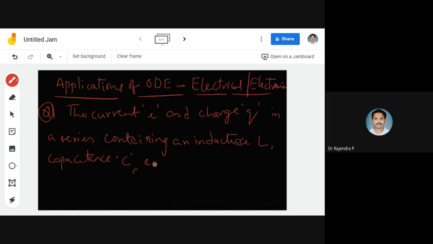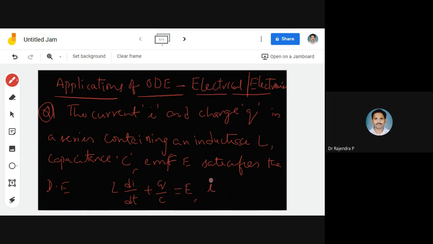I will write the differential equation here: L di by dt plus Q by C is equal to E. This is the given differential equation.